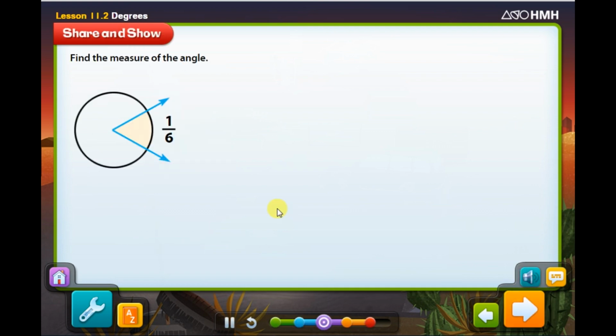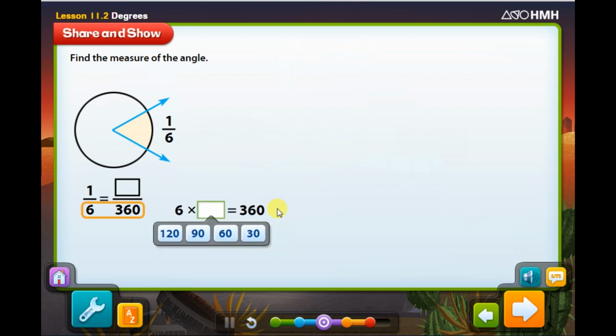Find the measure of the angle. This angle turns through 1/6 of a circle. You need to find a fraction that has 360 in the denominator and is equivalent to 1/6. Look at the denominator. What number times 6 equals 360? Okay, you know that 6 times 6 will give me 36, and keep the 0, so it will be 60.